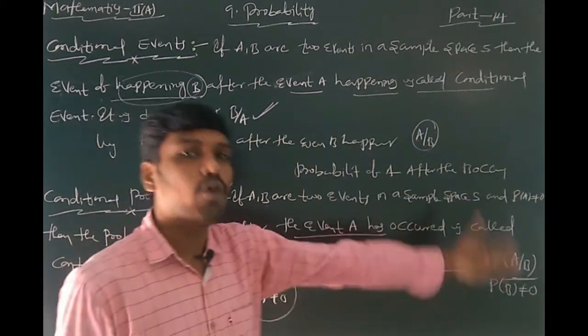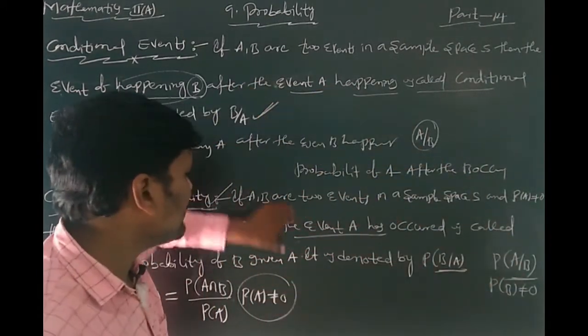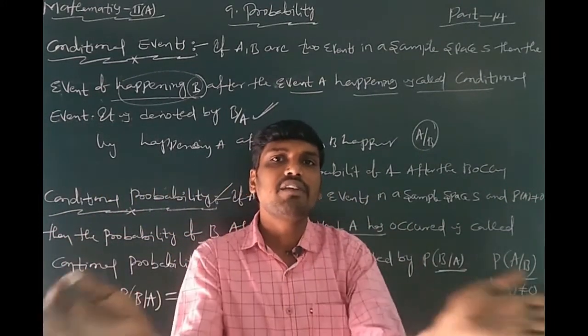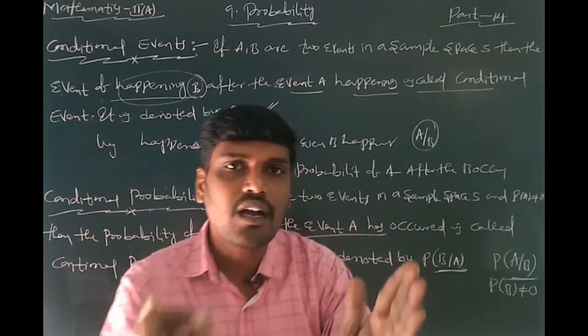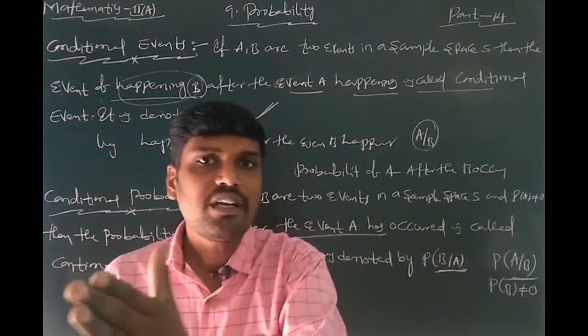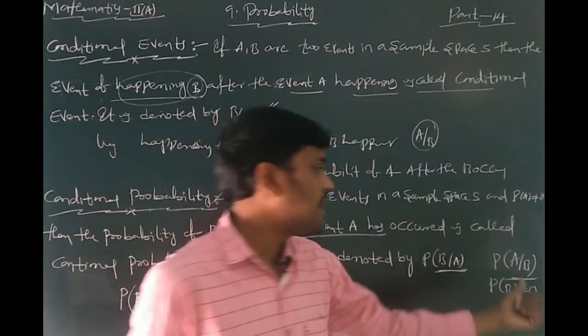This is one more definition. Here the P of B by A definition is completed. In this definition, you can interchange the events. First A event occurred, after that B event occurred, that is B by A. First B event occurred, after that A occurred, that is A by B.